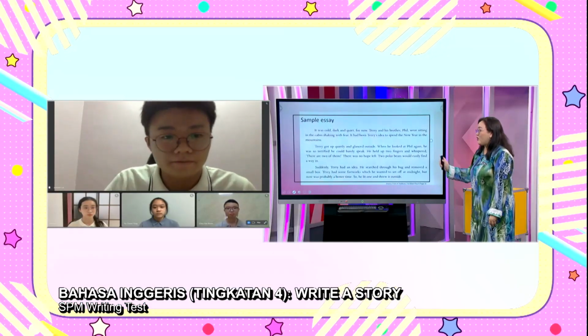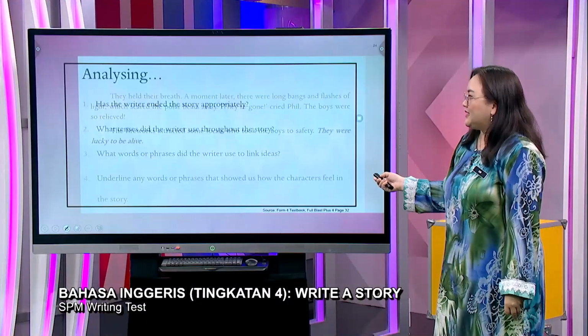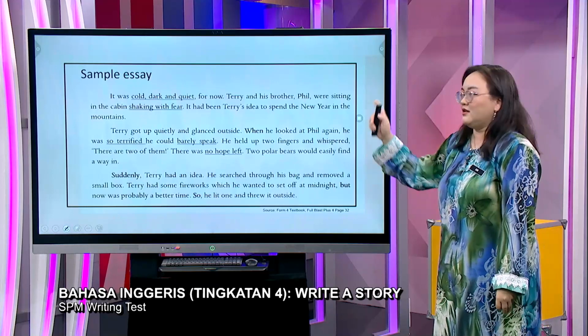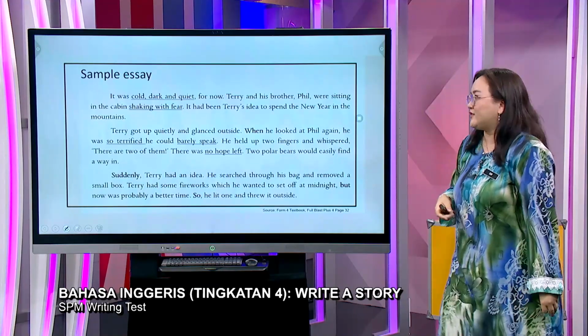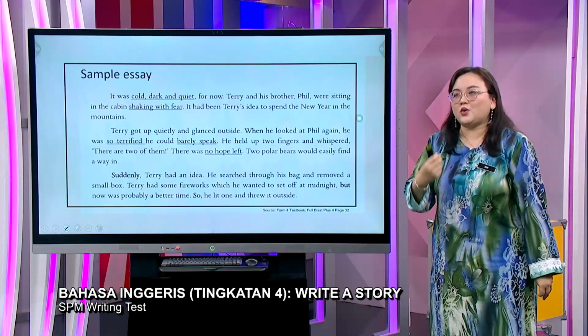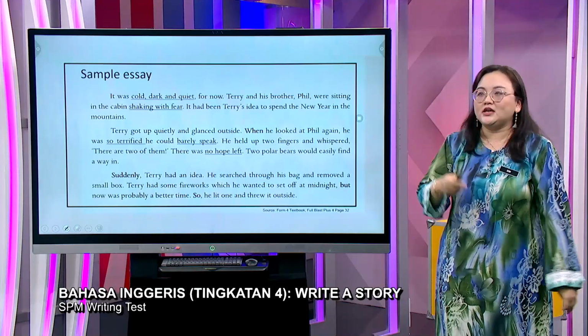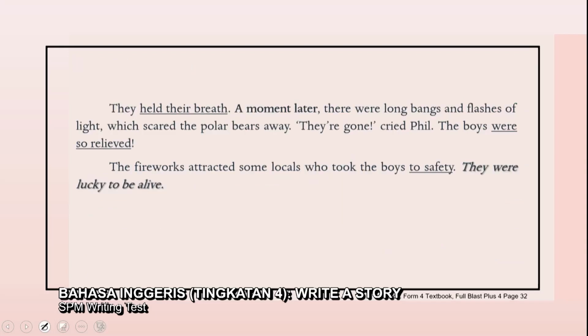We actually have more. I'm going to show you the answers. What are those words that can show us the feelings of the characters? Just now Junwei said cold, dark, quiet, shaking with fear, and no hope left. We can also have words like "so terrified" and "barely speak". All these show us the feelings the characters had at that time.